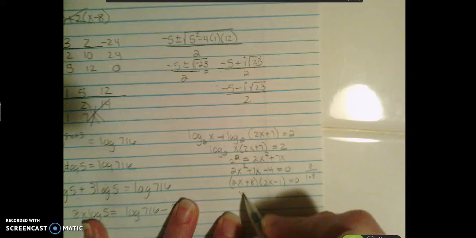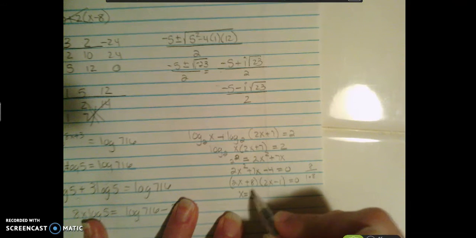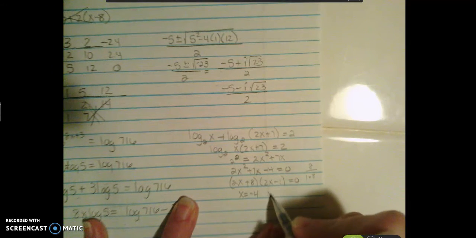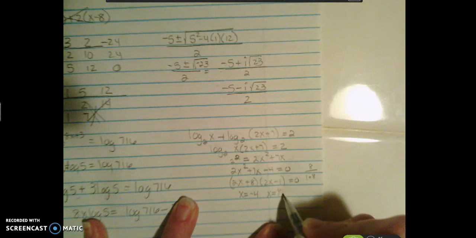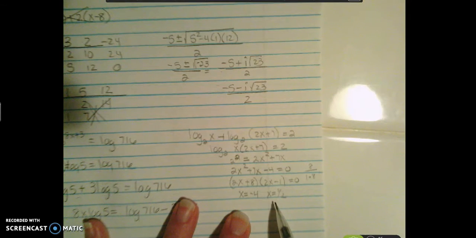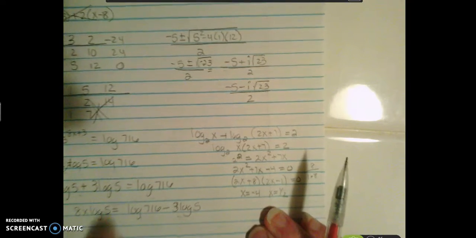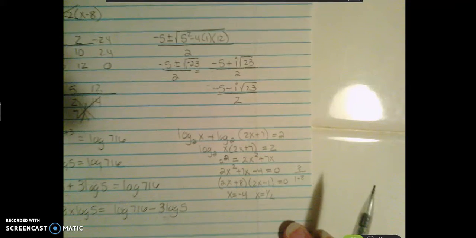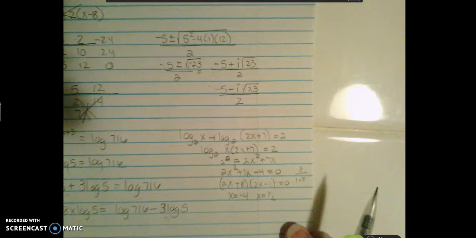So we end up with x equals -4 and x equals 1/2. And -4 we're going to throw out because we can't use that one, so our only solution is x equals 1/2. So I just have the wrong log problem written over here. So that's your solution for number 11.